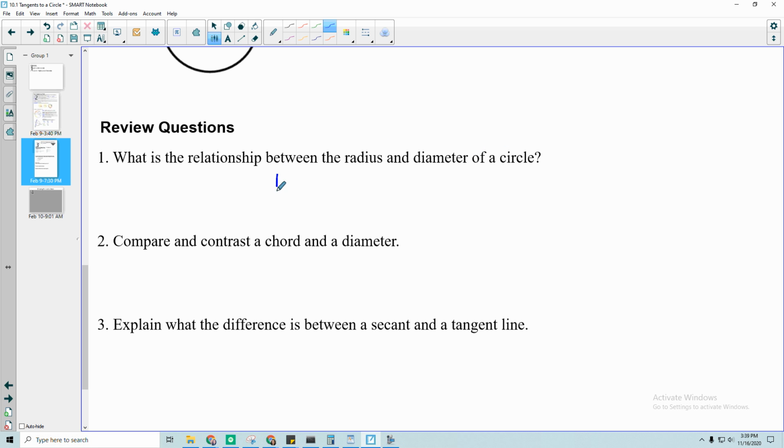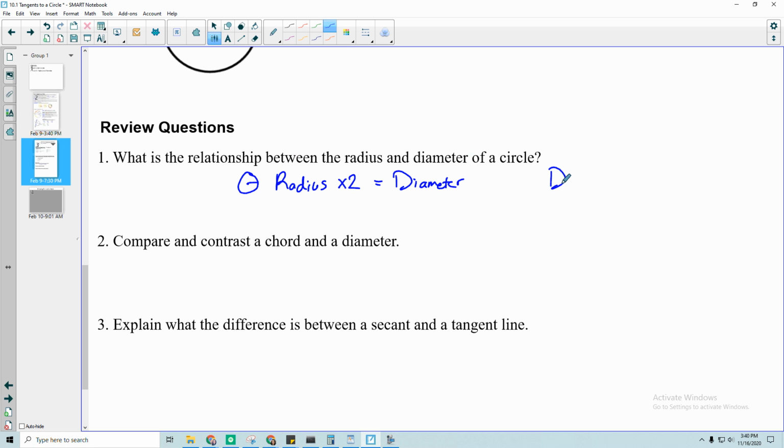Okay, so if I take the radius and multiply it by 2, whatever the length of that radius is, we can think about that in a circle. If I take this distance and multiply it by 2, that is going to give me the diameter.